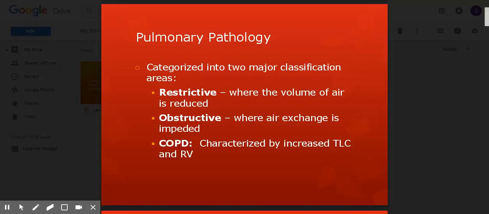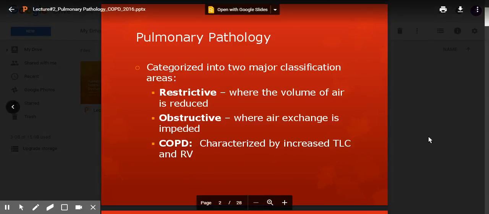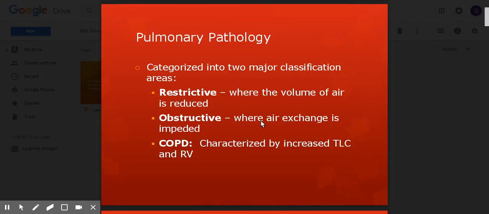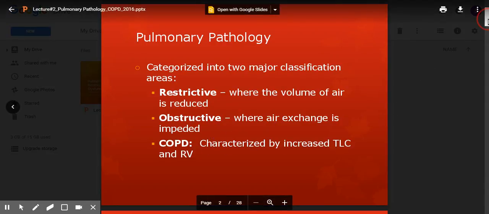This air sac destruction from overinflation or destruction of the body's ability to produce surfactant results in a condition where air exchange is being impeded and known as COPD.